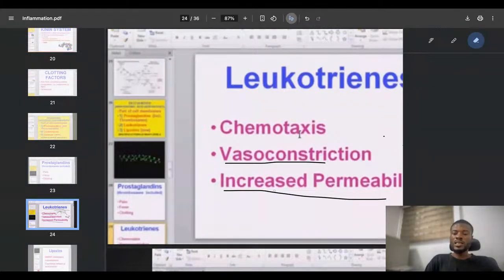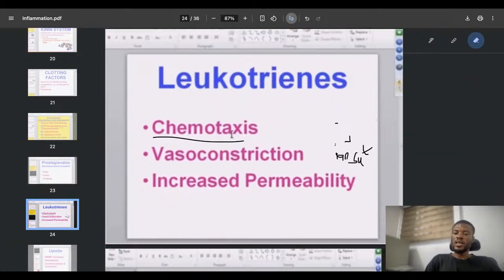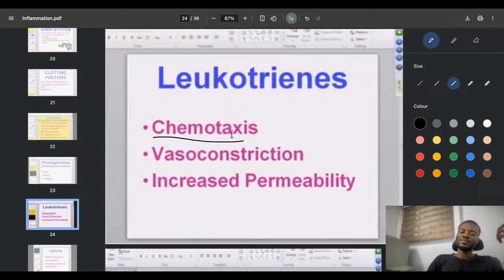We know that chemotaxis is important so that when the white blood cells get into the tissue spaces, they will know where to go, where the insult is happening, where the bacteria is, where the tissues are dead, the necrosis, so that they can go and either fight whatever infection is there or clear whatever dead tissues are there. You understand? That is the role of chemotaxis.